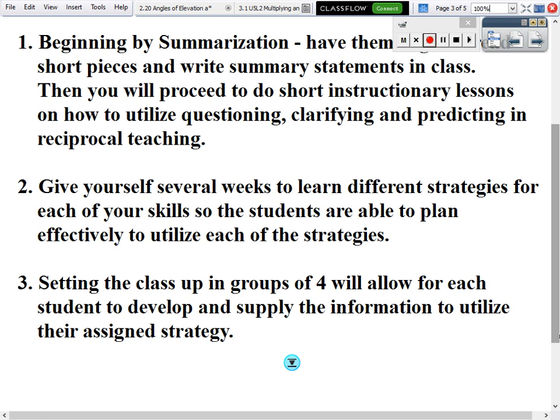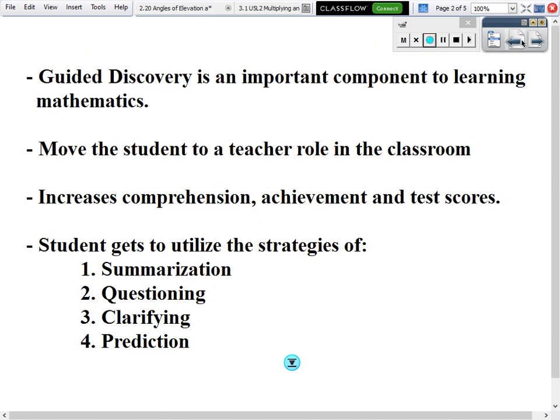Afterwards, we will put the students into groups of 4. One person within each group would be responsible for one of those tasks back here: summarization, questioning, clarifying, and predicting.